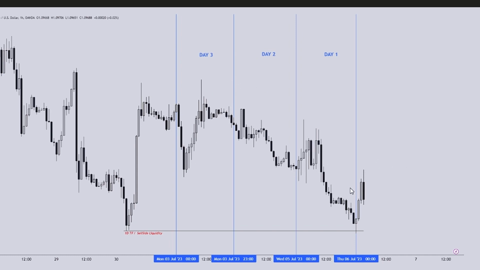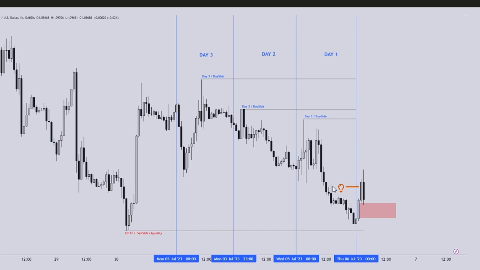And we're expecting price to rebalance and target the past 3 days daily high, which would be day 1 high, which would be right here. Day 2 high would be right here. Day 3 high would be right here, right? And if you pay attention, this is how we are utilizing it or expecting it to move, right?